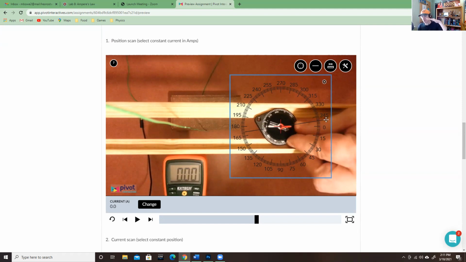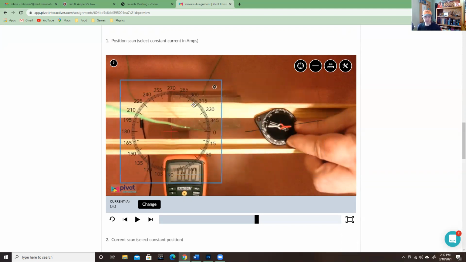So it went from going completely horizontal to up just a tiny amount. So if this is 350, it wouldn't be an angle of 350 degrees. It would only be an angle of 10 degrees. You imagine this is 360. You have to subtract a difference. Okay. So that's how we're going to do this part.